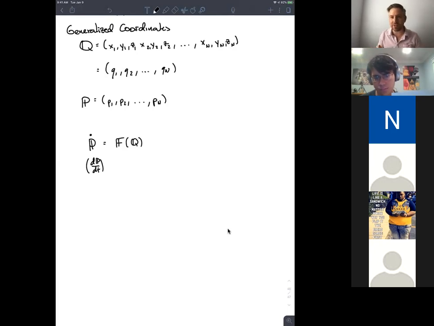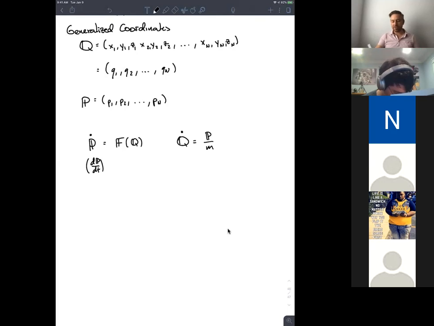So this is just Newton's second law. Newton's second law says if you know the forces, you can get the time derivative of the momentum, or vice versa. Then the time derivative of the positions is just the speed or the velocity, which is simply equal to the momenta divided by the mass.